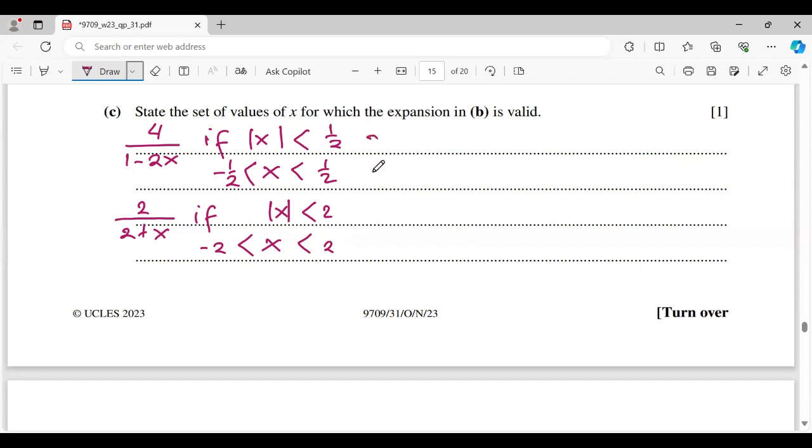So when modulus x is less than half, the expansion is valid.